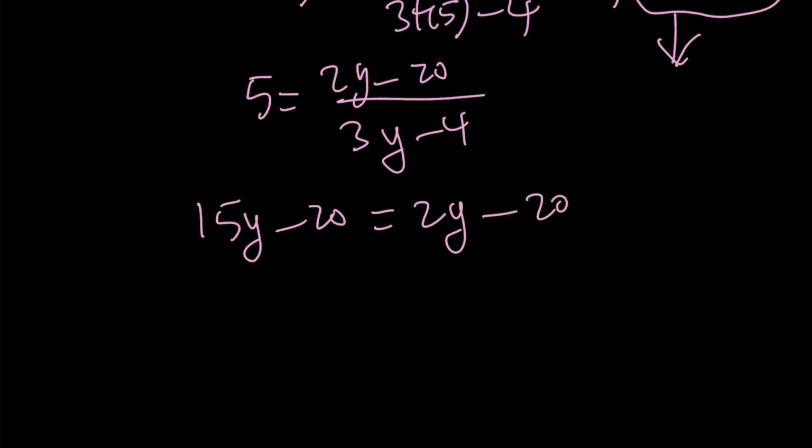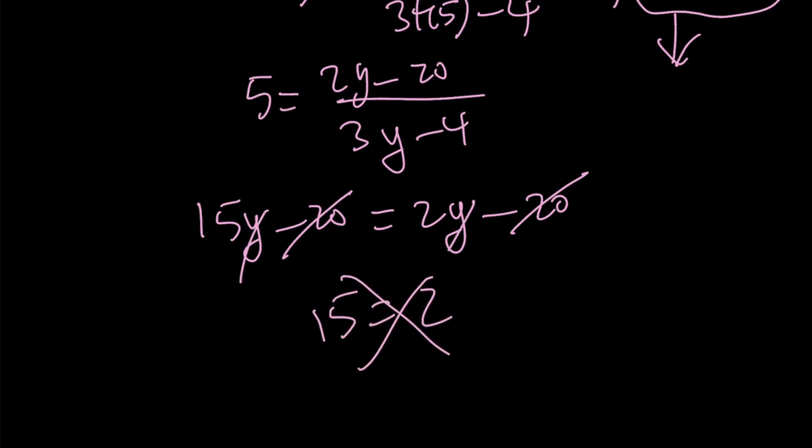Awesome. So we can do the following. Add 20 to both sides. That's going to cancel out. Cancel out the y, you get 15 equals 2, right? No, that's not true. You can't do that. You can't cancel out the y because we can't divide both sides by y. What's the reason for that?